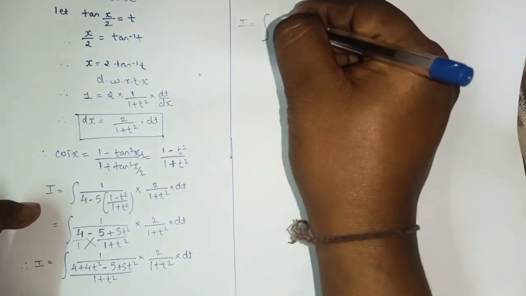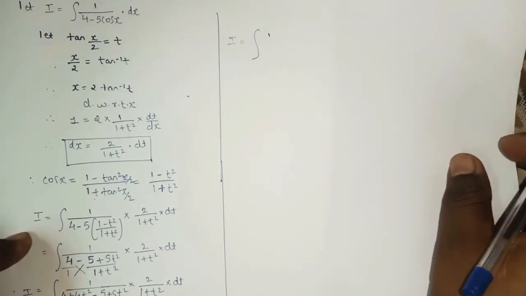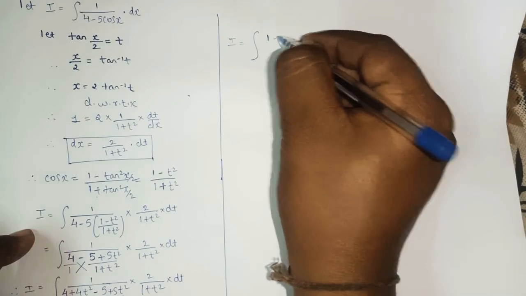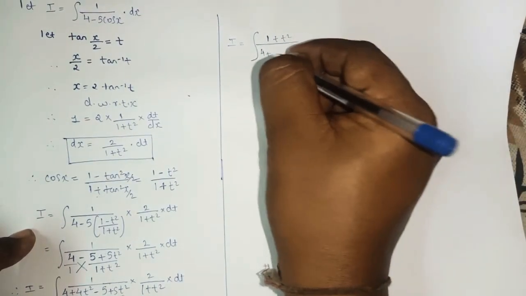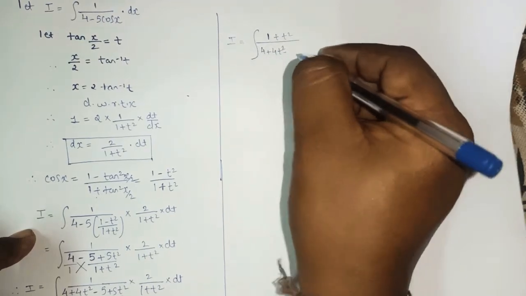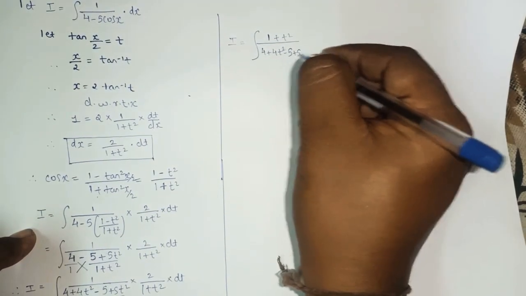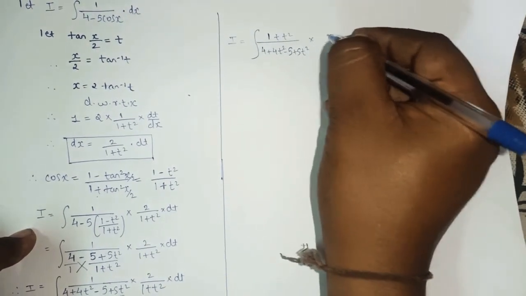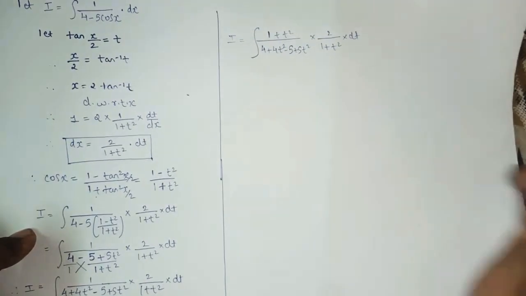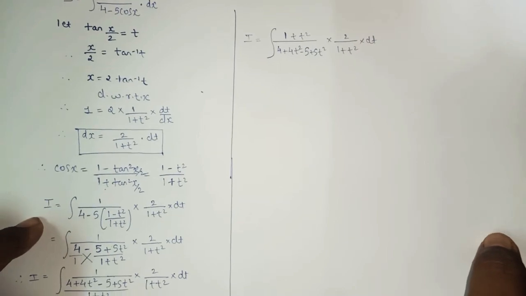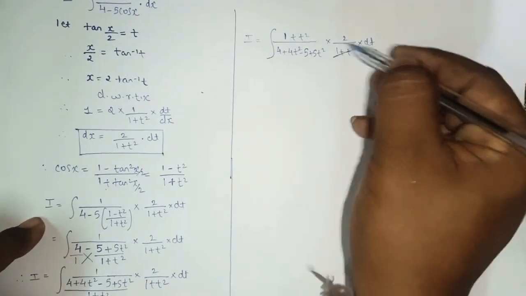So this will be 1 plus t square upon 4 plus 4t square minus 5 plus 5t square into 2 upon 1 plus t square into dt. As clearly we can see that here 1 plus t square is common.